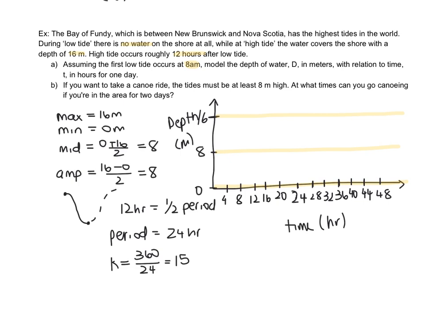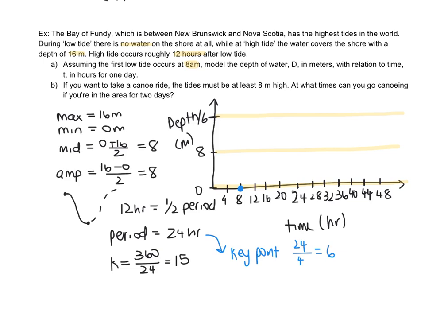And now we can start sketching. So I know my low tide occurs at 8 a.m. So 8 a.m. would be a minimum. And now with my period, I'm going to get my key point. So my key point is a quarter of the way. So 24 divided into 4s is 6. So every key point occurs 6 hours apart.